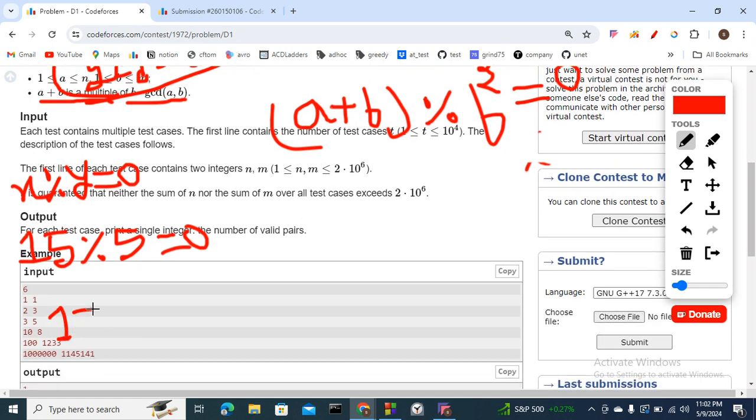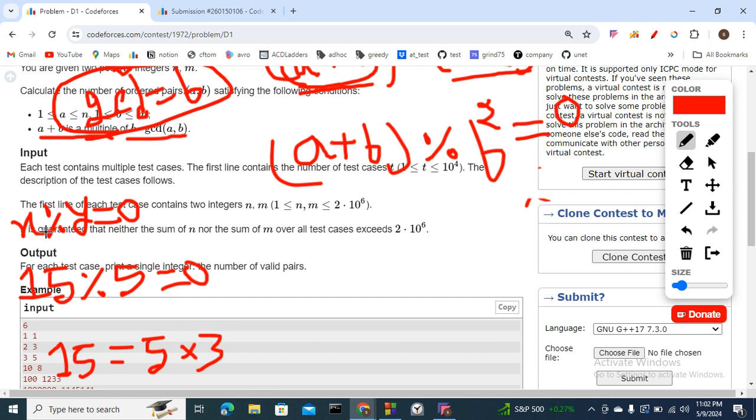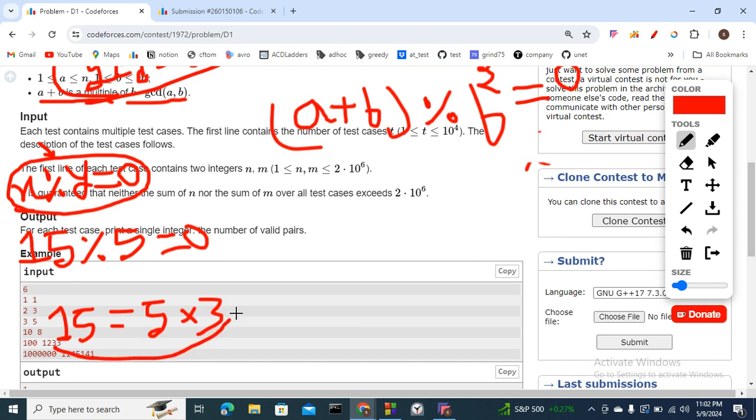We can write it like this: 15 equals 5 times some integer value. So in this case, it is 3. Every number that satisfies this can also be represented like this.